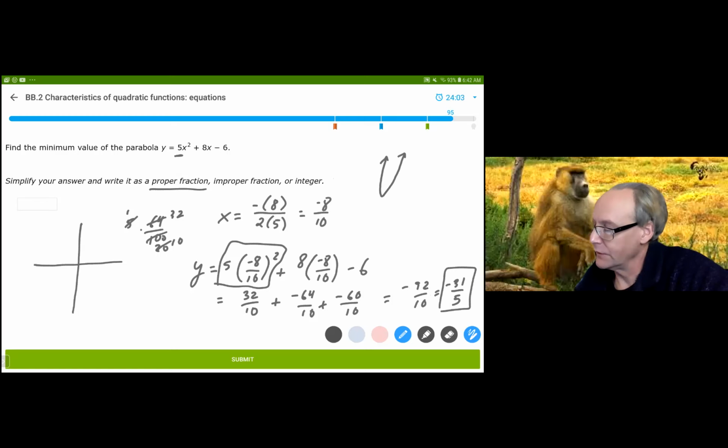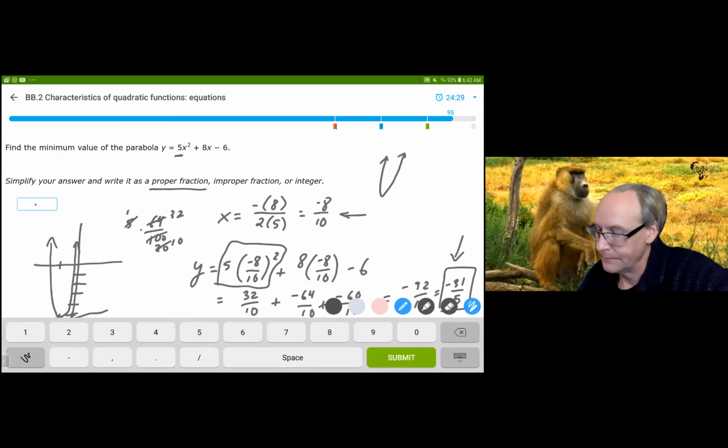The negative 31 over 5 is my y value. My negative 8/10 is my x value, so I'm just about to negative 1, and negative 31 over 5 is down here, just past negative 5. So I'm right about there for my vertex, and it's really steep and up. So its minimum value is going to be that negative 31 over 5.